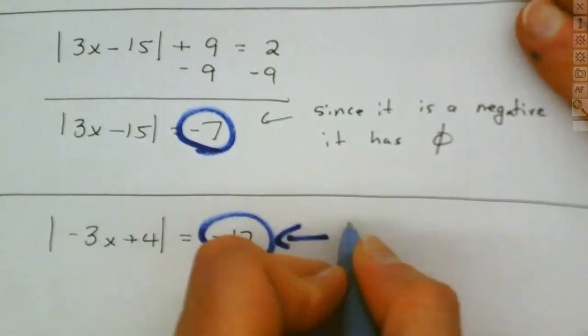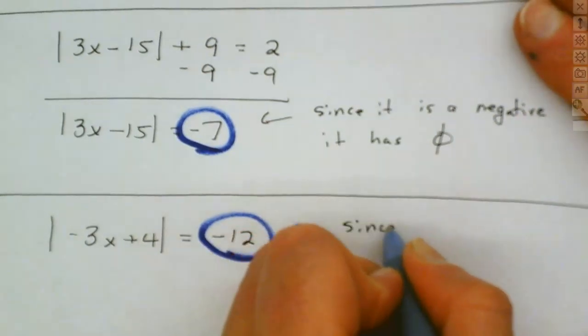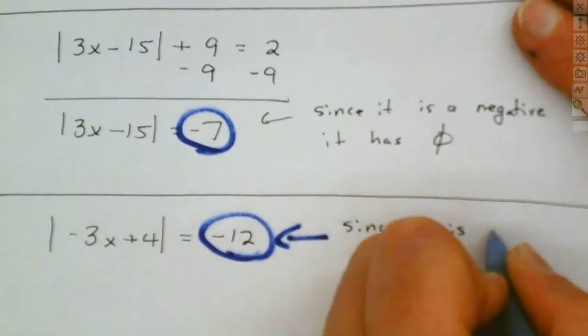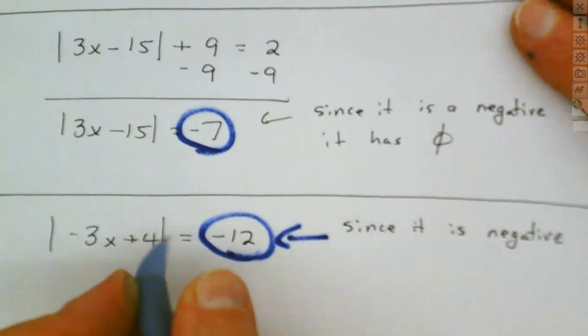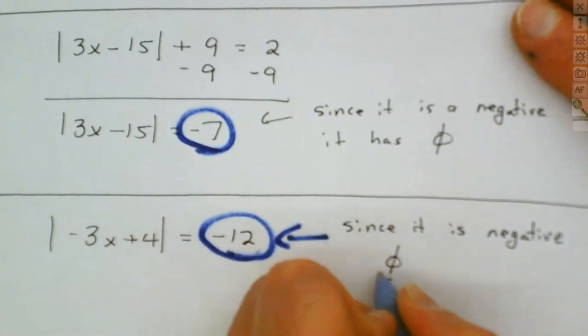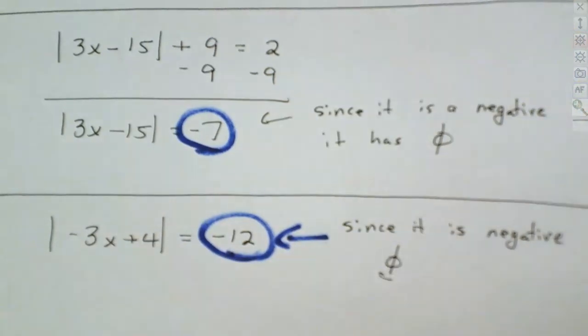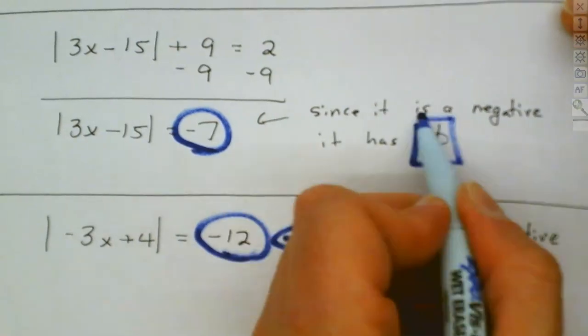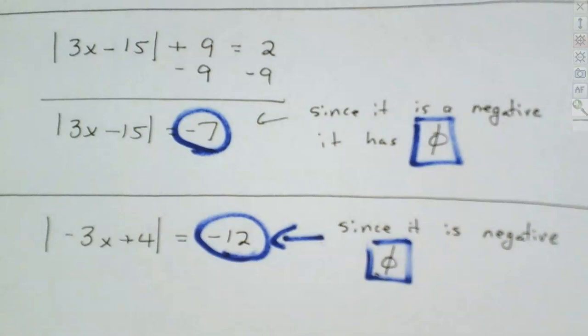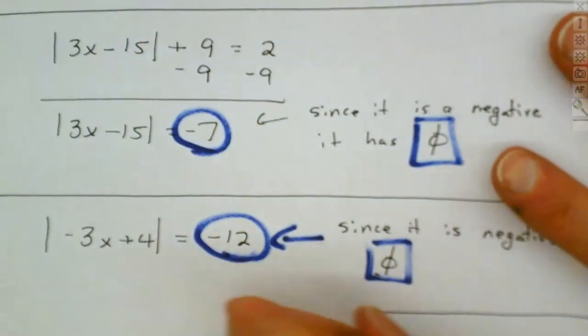So since it is negative, what does that give you? No solution, right? So always make sure when you look at these, if it equals a negative number on the right-hand side, it has no solution.